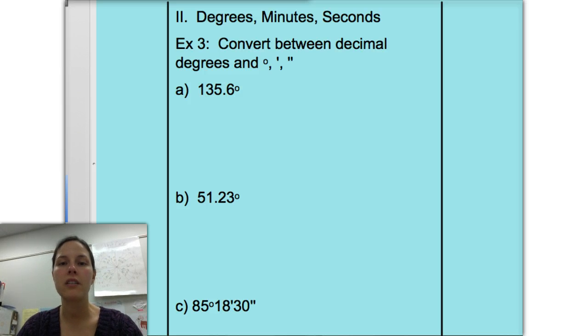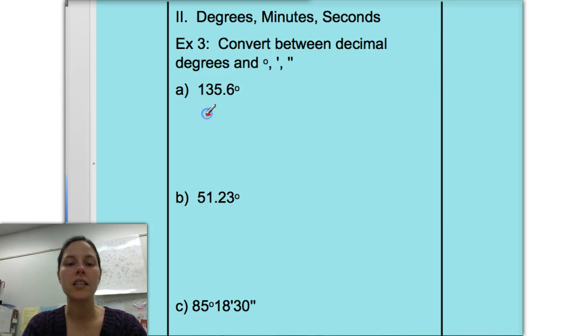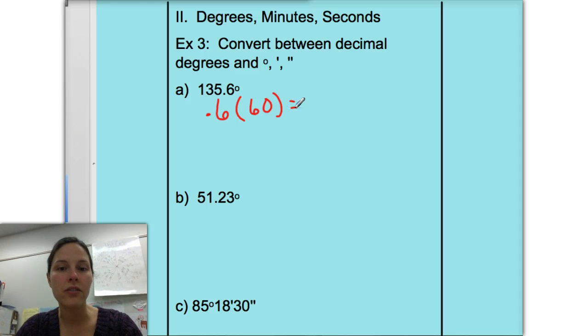So remember, we use that conversion that 1/60th of a degree is 1 minute, and 1/3600th of a degree is 1 second. So when you convert from decimal degrees to degrees, minutes, seconds, you only need to worry about the decimal part of the degree. The first thing you do is multiply it by 60, because 1/60th of a degree is 1 minute.